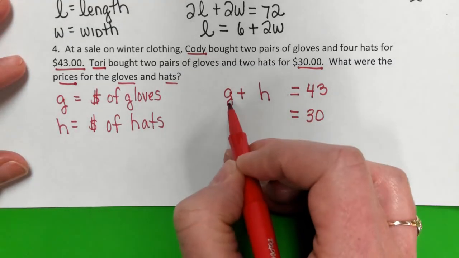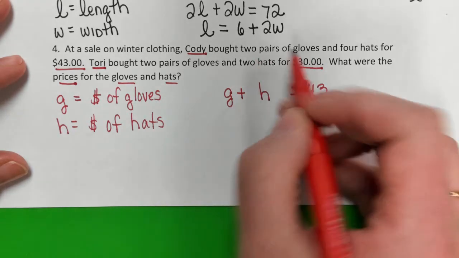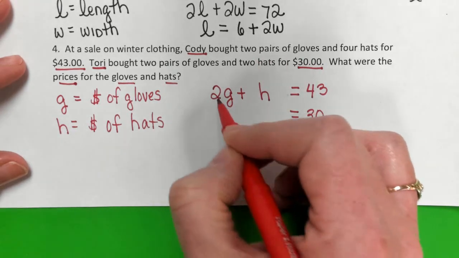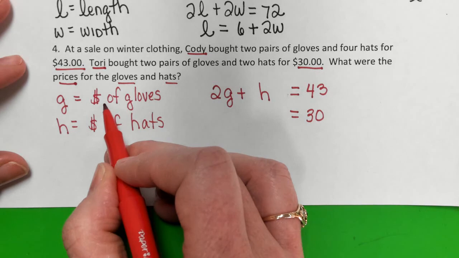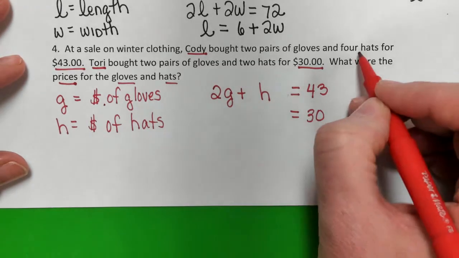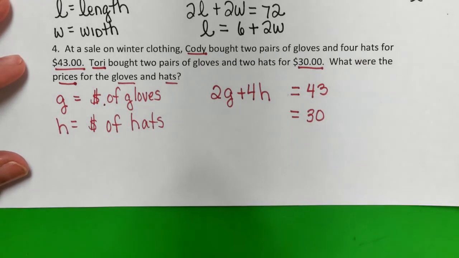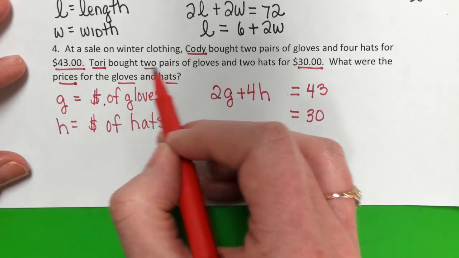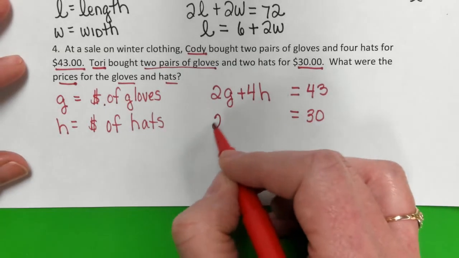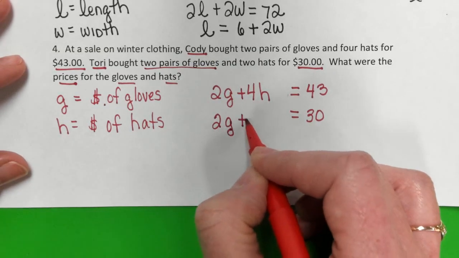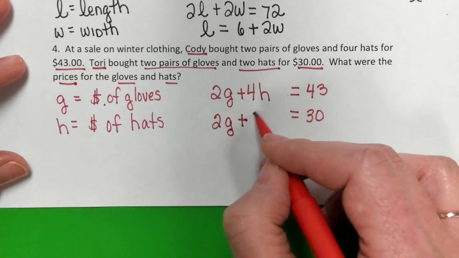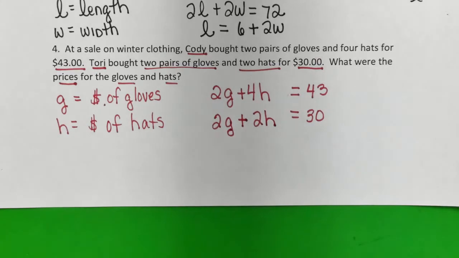Well, how many gloves did we buy? We bought 2 pairs. So 2 times the cost of the gloves plus 4 times the cost of the hats equals 43. And then for Tori, she bought 2 pairs of gloves, so 2 times G plus 2 halves. 2 times h. Boom. There's your system all done.